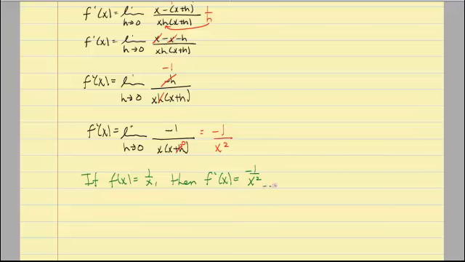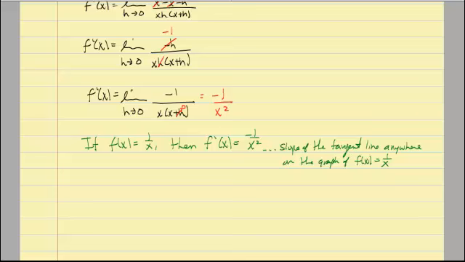This is the slope of the tangent line anywhere along the graph, not just at a particular point, but anywhere on the graph of f of x equals 1 over x. Now, of course, I have a problem when x equals 0 because the denominator is undefined, but we'll worry about that a little bit later. Now, from here you can find equations of tangent lines, and all you need is a value of x to evaluate these. Let's go ahead and look at some other notations for derivatives.